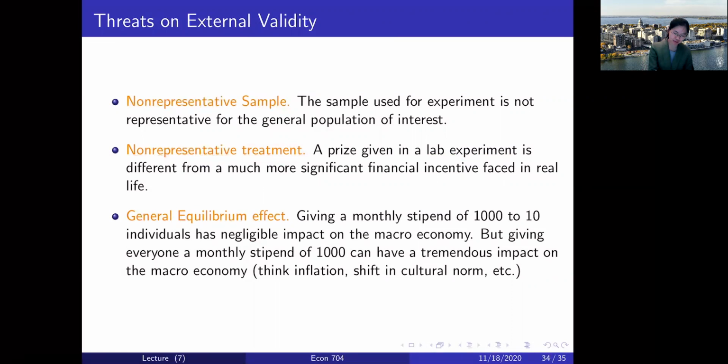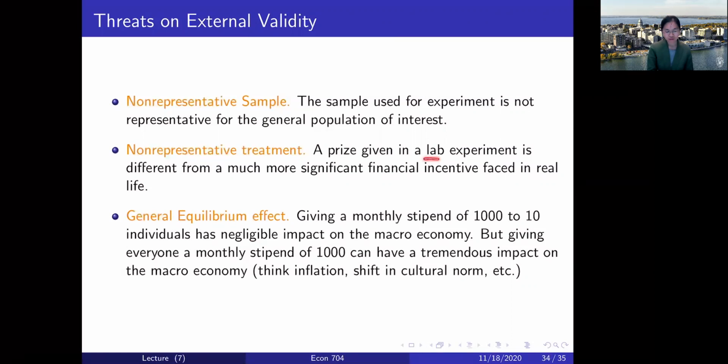In lab experiments, first of all, it's also not a representative sample because those also require volunteers. And the volunteers who sign up for lab experiments are not the same as the general population. And second of all, the treatment in a lab experiment is usually just a small amount of money, which is quite insignificant in the person's wealth.